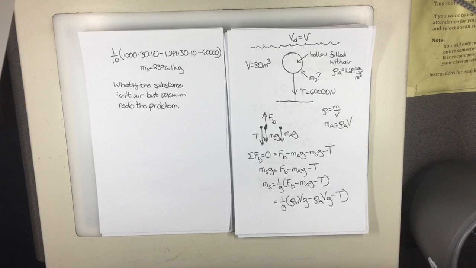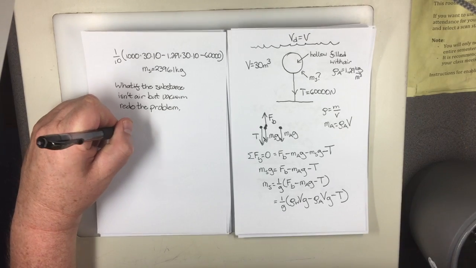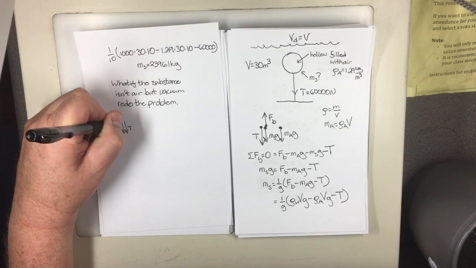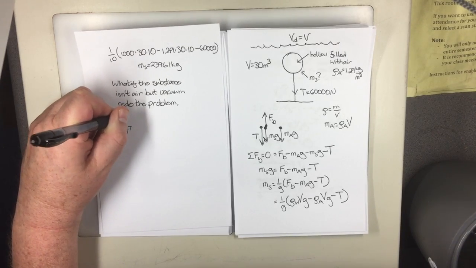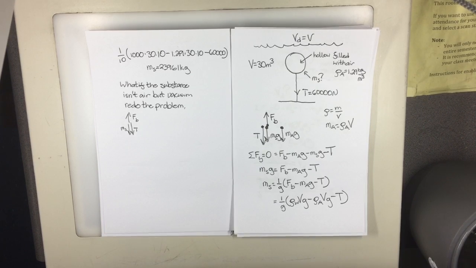So in this particular case, everything is identical except for one thing. There's no air in the sphere. It is completely vacuum. There is no mass in that sphere, which means that instead of 4 forces in the vertical, we now have only 3.